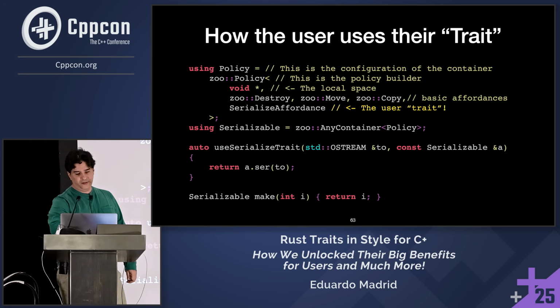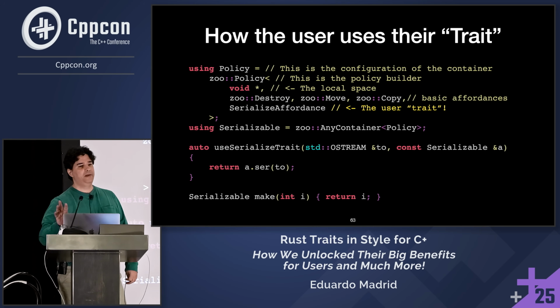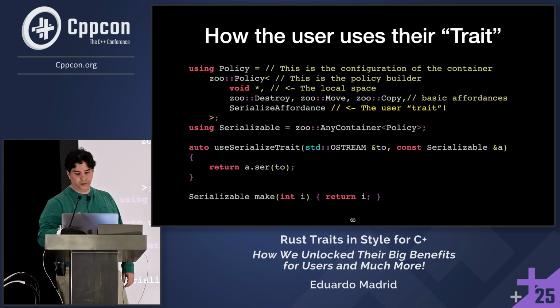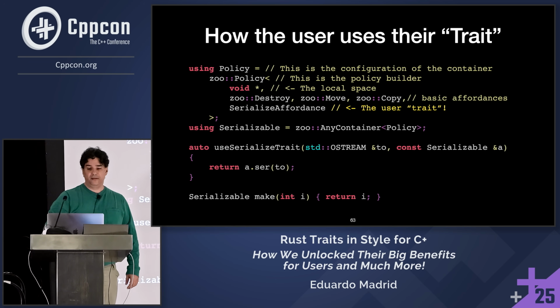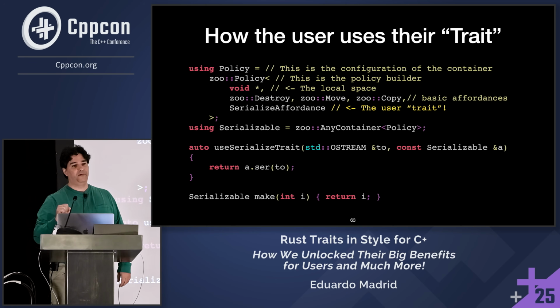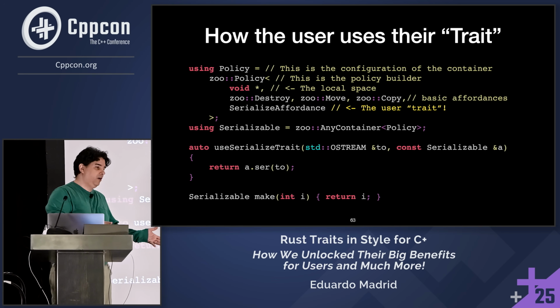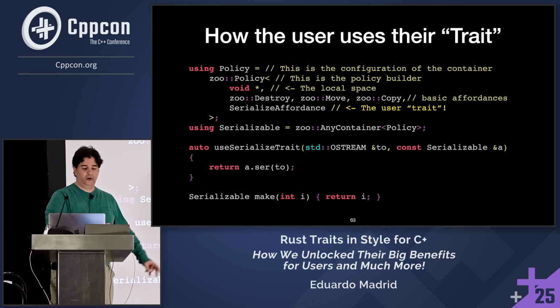The suDestroy, suMove, and suCopy are just the basic affordances, the basic capabilities, the ones that flesh out type erasure. Among other things, if you don't use suCopy, for example, then it would not be copyable. It would be move only. If you want it to be copyable, then you put suCopy in.